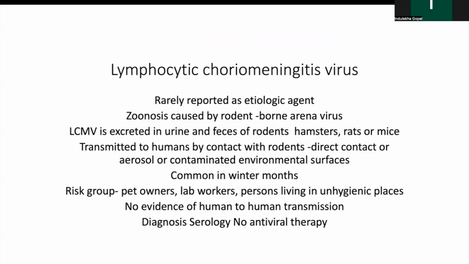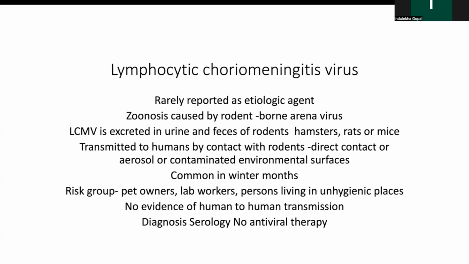This is a rare form of meningitis, lymphocytic choriomeningitis virus. It's rarely reported as an etiological agent. It is a zoonosis caused by a rodent-borne arenavirus. It is excreted in the urine and feces of rodents, hamsters, rats, or mice, and transmitted to humans by direct contact, aerosol, or contaminated environmental surfaces.